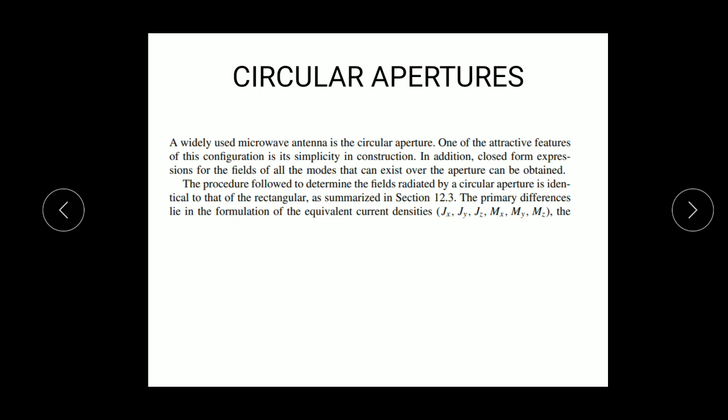The procedure followed to determine the field radiated by the circular aperture is identical to that of the rectangular, as summarized in section 12.3. The primary differences lie in the formulation of the equivalent current densities Jx, Jy, Jz, Mx, My and Mz.